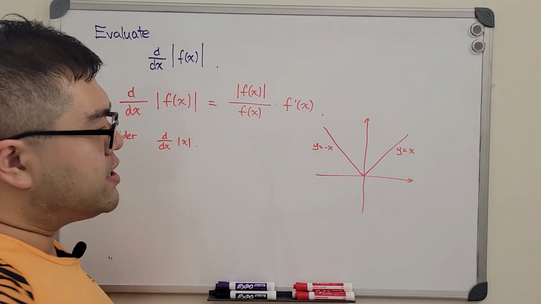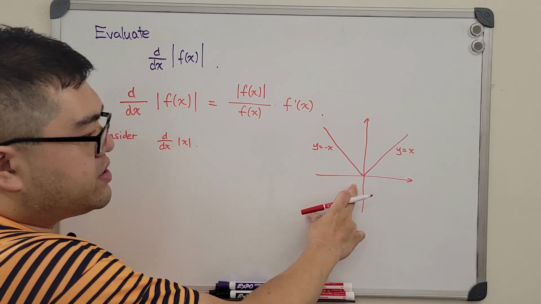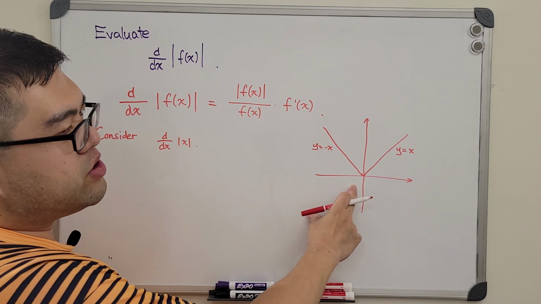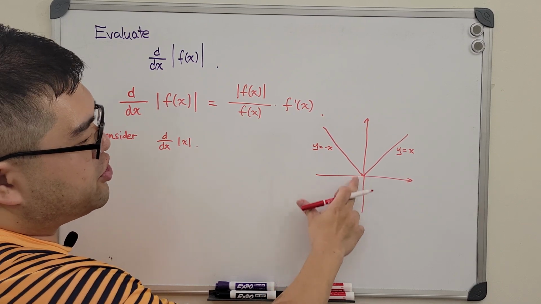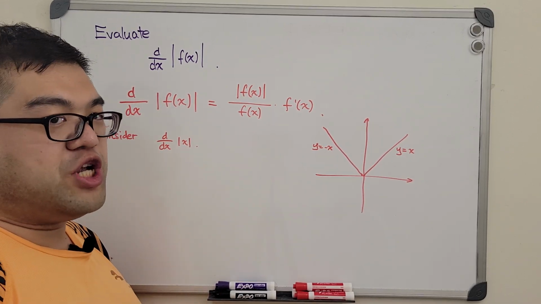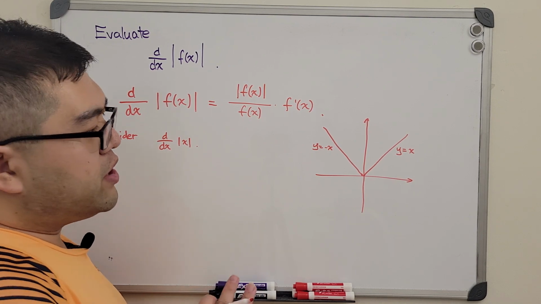And of course, in this case, when x is equal to 0, y is equal to 0, but we can clearly see that there is no derivative when x is equal to 0, because we have a sharp point.